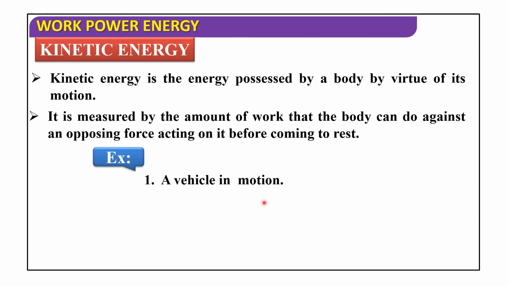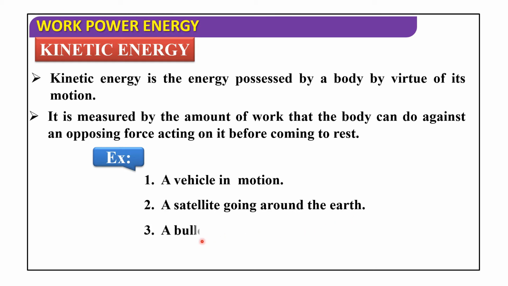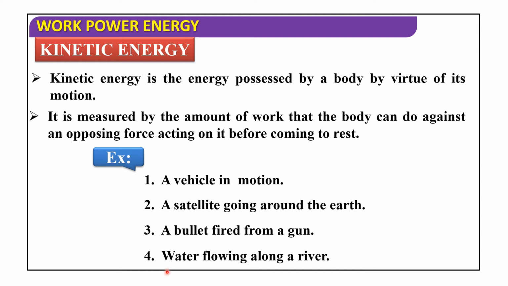A vehicle in motion, a satellite going around the earth, a bullet fired from a gun. Here the energy is possessed by a body due to its motion. A vehicle moving along the road, a satellite going around the earth, a bullet fired from a gun. Last one, water flowing along a river.